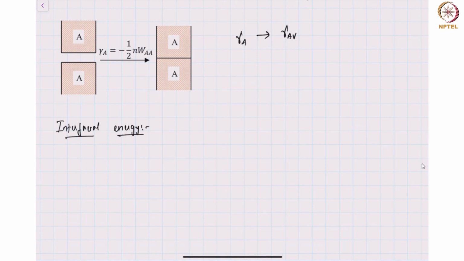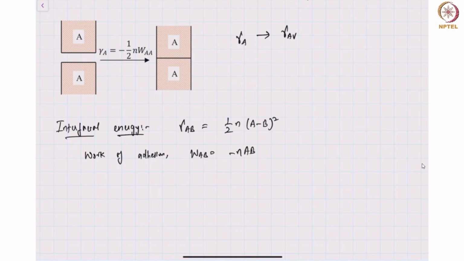The interfacial energy, I'll write it as gamma AB. It's something that we saw in the first diagram. It is half n of (A minus B) whole square. This quantity, interfacial energy, we have to remember is very different from the work of addition. The work of addition, you can say, WAB is minus nAB.